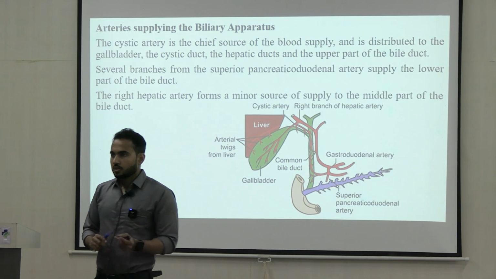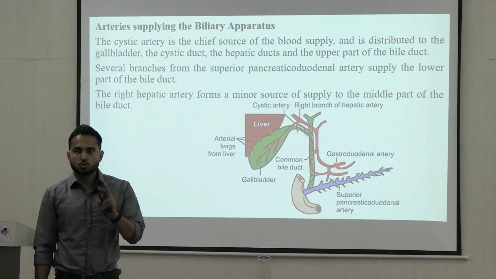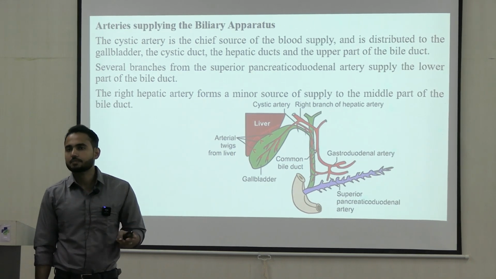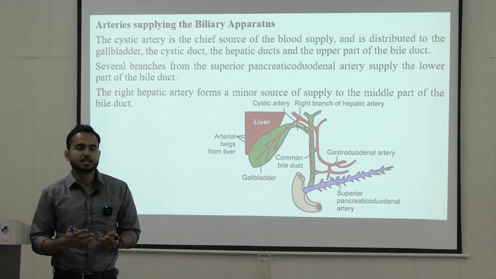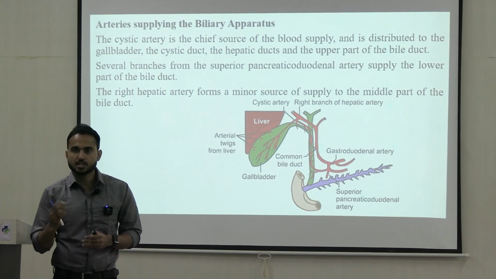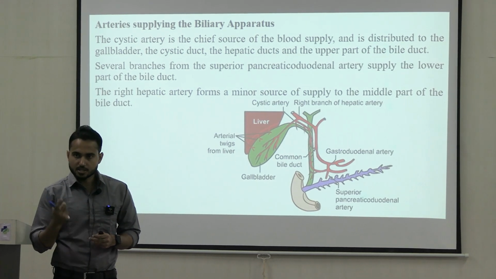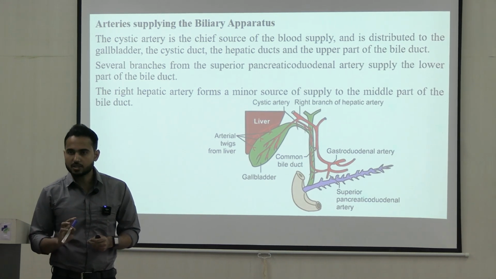So whatever we have discussed that day, after that 2 parts were left, that is the blood supply and nerve supply of the extrahepatic biliary system. Biliary system ducts are there, and you have seen sphincters are also there in the extrahepatic biliary system, and sphincters are very important because they are controlling the flow of bile into the second part of the duodenum.